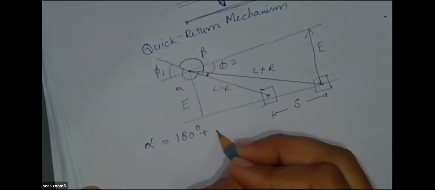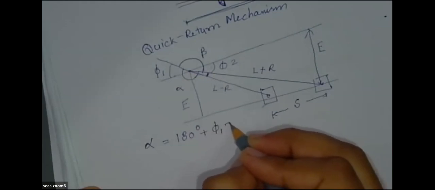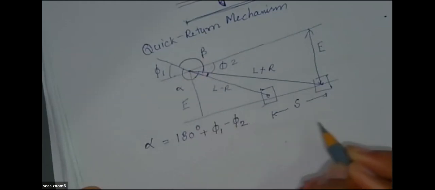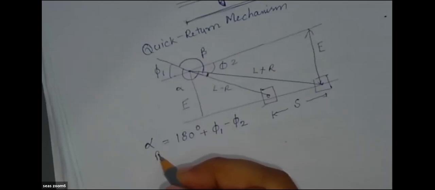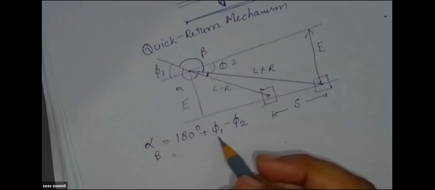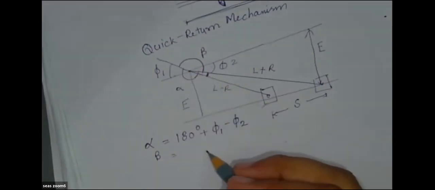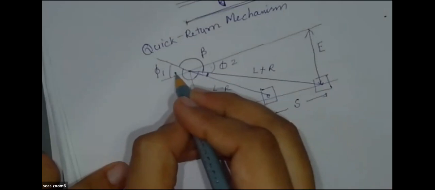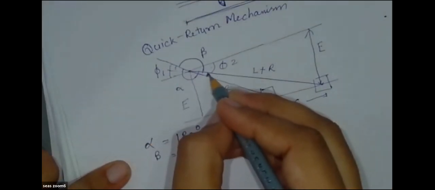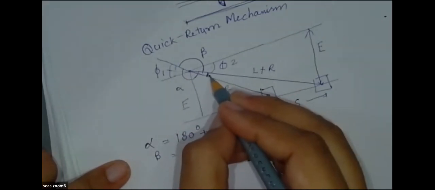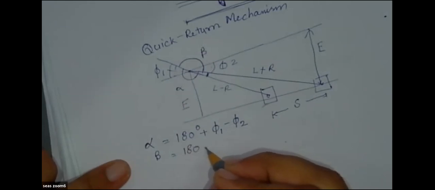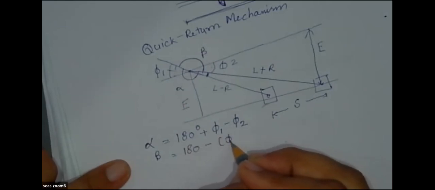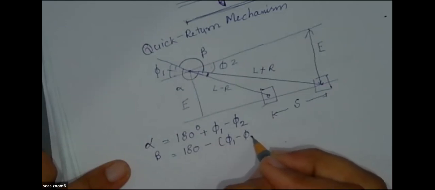So I can write 180 plus phi 1 minus phi 2. Similarly, बीटा कितना हो जाएगा? So बीटा is 180 minus this angle. This angle is again the same, phi 1 minus phi 2, है ना. तो इसको लिख सकते हैं 180 minus (phi 1 minus phi 2).